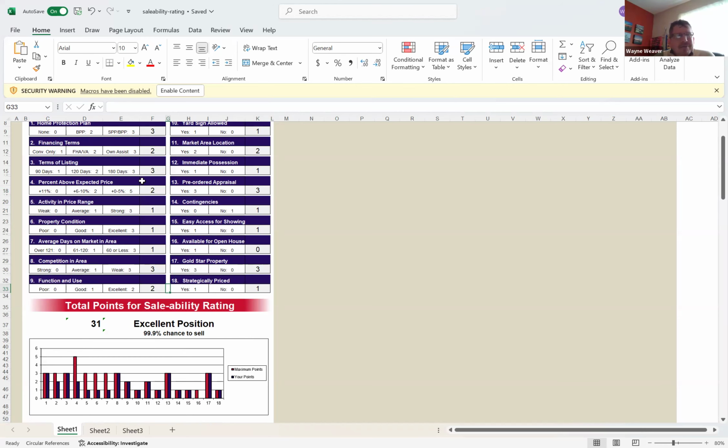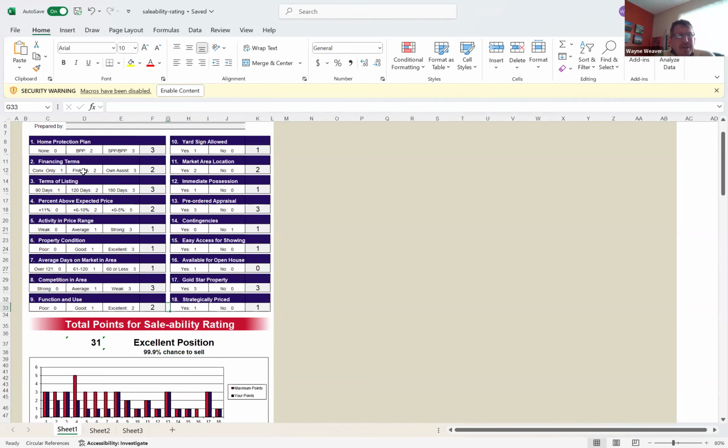That means your financing is FHA or conventional, you have a listing, and they're going to allow you to work it, so you've got 180 days. We're priced close to the expected price, and the condition is good. So if you were able to do that, then all of a sudden you're sitting in an excellent position to sell. It's available for open house. Like, no open houses.